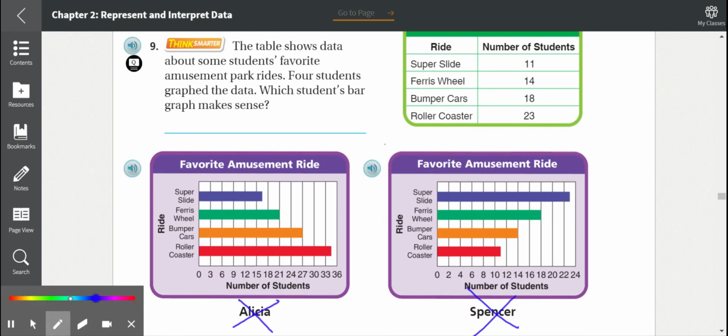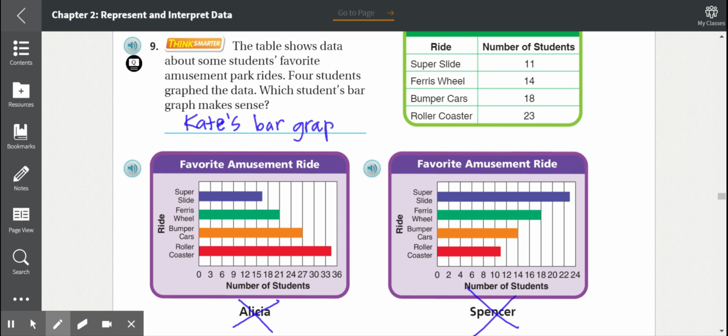Which student's bar graph makes sense? Kate's. Kate's bar graph. And we know we need an apostrophe s because the bar graph belongs to Kate. Okay, that's where we'll stop for today. Thank you, third grade.